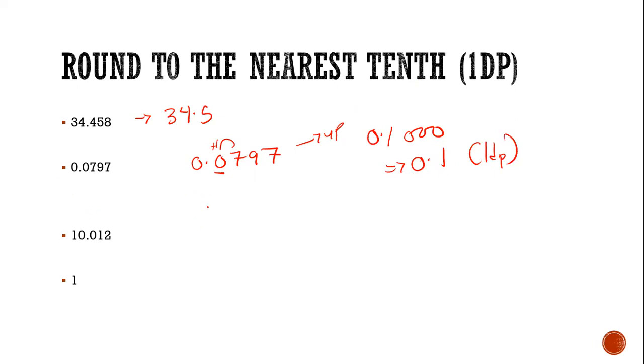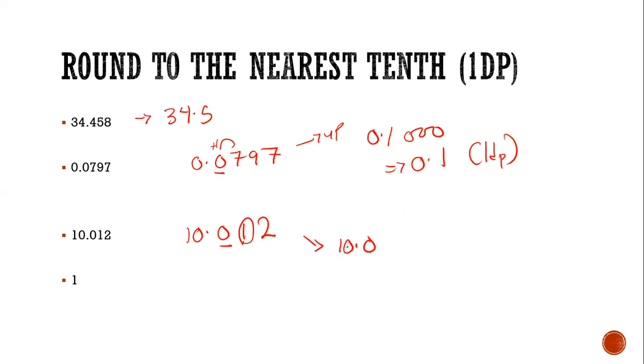Okay. So there we have 10.012. The number we're focusing on, the first decimal place, or the tenth in this situation, is 0. What's the number after the 0? It's 1. Is 1 5 or more? No, 1 is less than 5. So we round it down to 10.0.